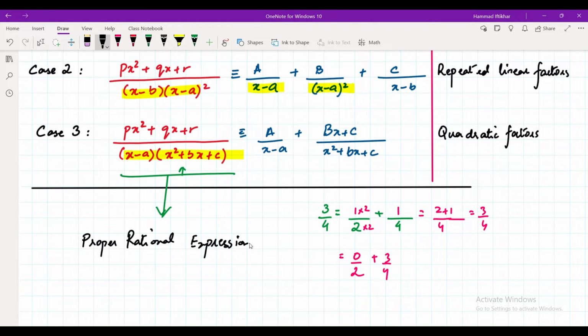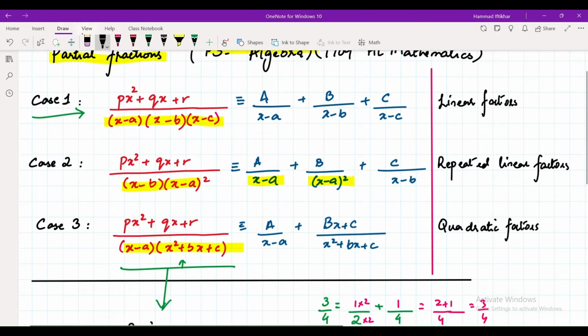A proper rational expression is one where the order of the polynomial of the numerator is less than the order of the polynomial of the denominator.